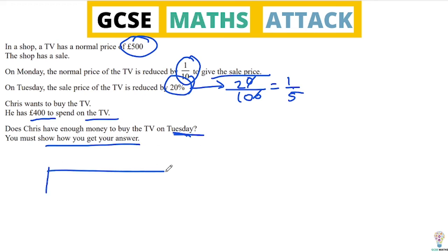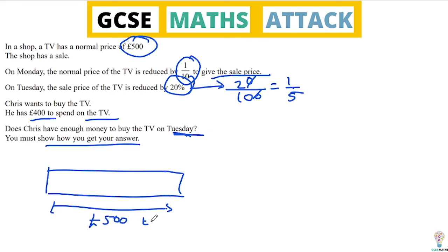So, here's your bar, and your bar is going to start with £500 because that is what the TV costs. You're told that it's reduced by 1/10. So you're going to break this bar into 10 pieces. That's 1, 2, 3, 4, 5, 6, 7, 8, 9, 10.